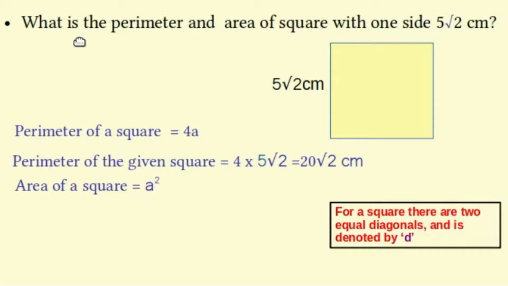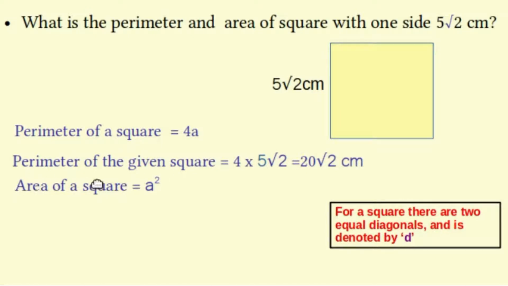Here is a problem. What is the perimeter and area of a square with one side 5 root 2 centimeters? We know that perimeter equal to 4a. Here a is equal to 5 root 2 centimeters. Therefore perimeter is given by 4 into 5 root 2, that is equal to 20 root 2 centimeters.